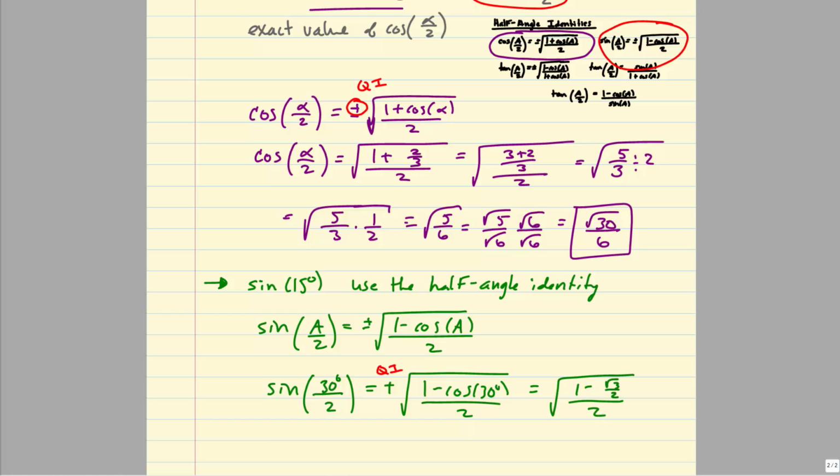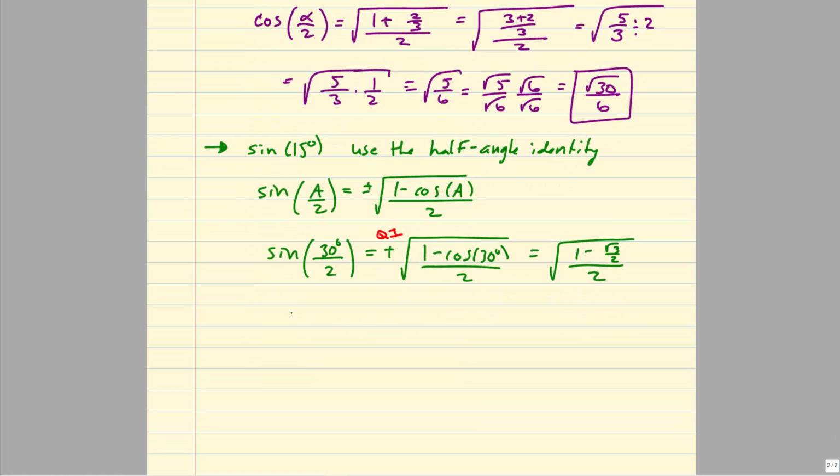And then when I simplify this, I'm finding a common denominator. I'm going to show this step a little bit extra. So this would be 2 over 2 minus root 3 over 2 all over 2. So this would simplify into 2 minus the square root of 3 over 2 all over 2. And that's all underneath the radical.